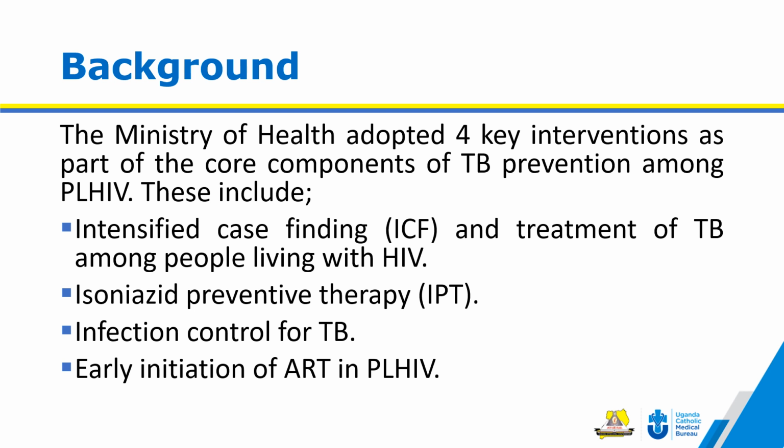Isoniazid preventive therapy is the second prong, a 6-month course of isoniazid. Then we have infection control for TB, and early initiation of ART among people living with HIV also helps in TB prevention.